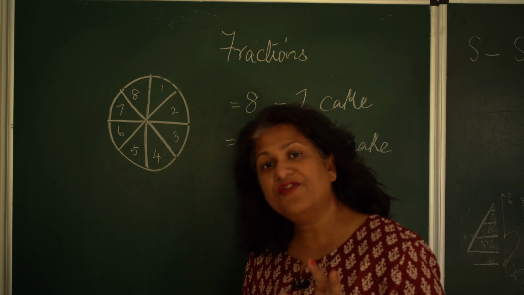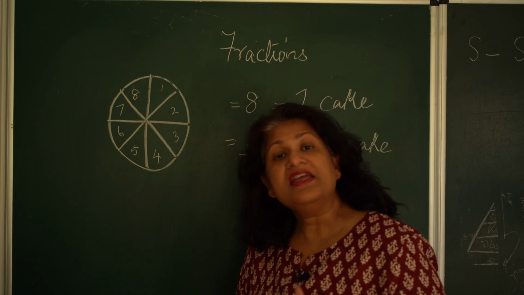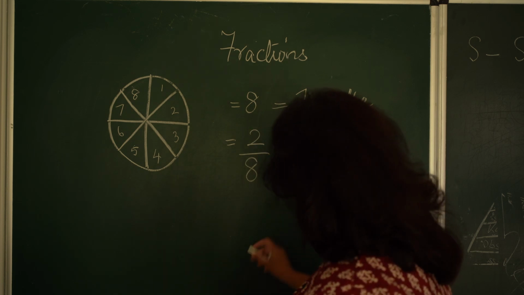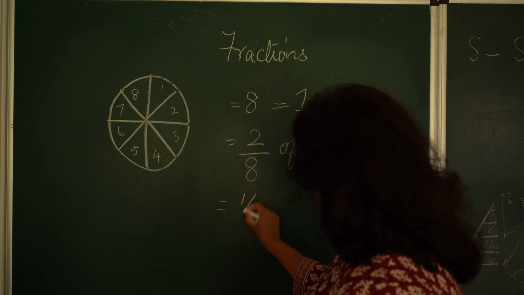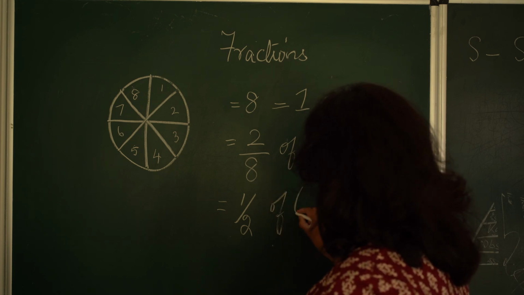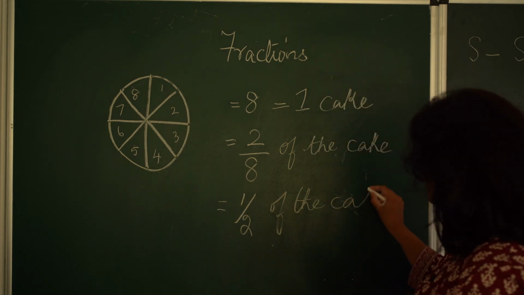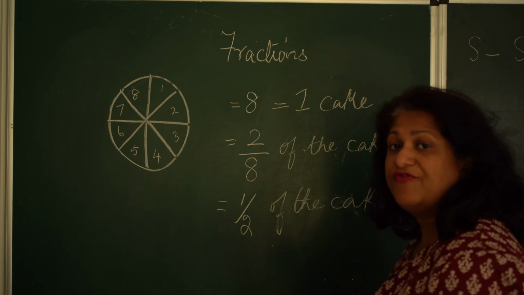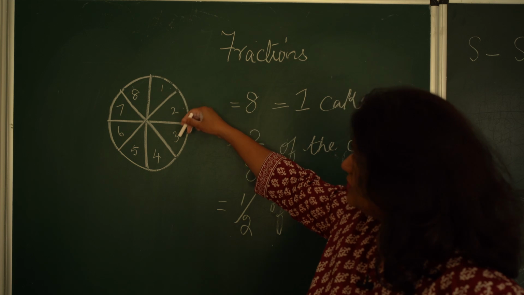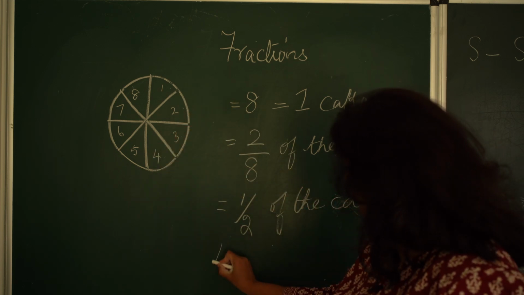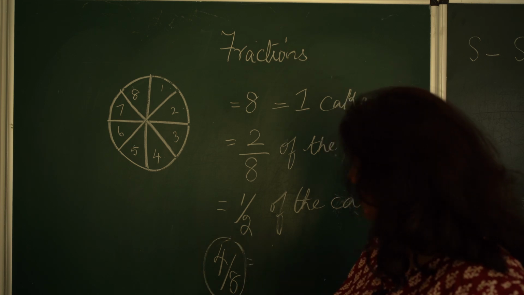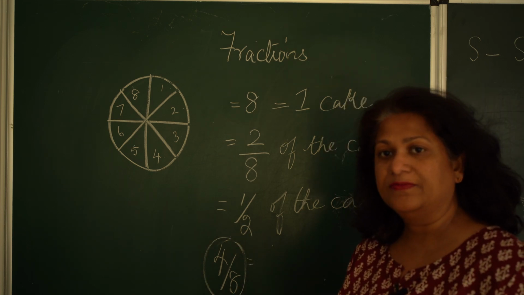Let's say I cut half of this cake and gave it to a friend of mine. It'll be said like this: 1/2 of the cake to my friend. It just means 1, 2, 3, 4 out of 8 pieces. 4 out of 8 pieces were given to my friend.